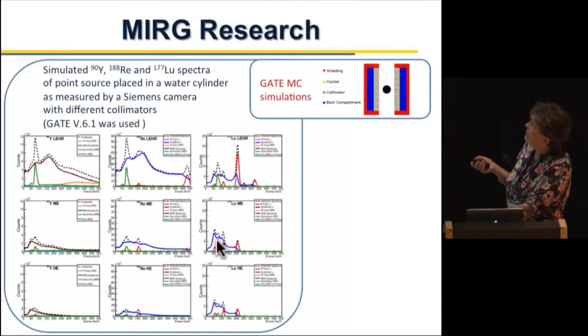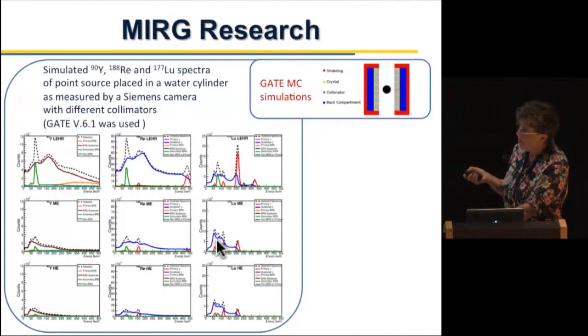Again, we have done some simulations using GATE, and this is yttrium for different collimators. You can see that the shape of the spectra changes quite dramatically. This is a peak which we want to image. It's not very strong. You almost don't see it with this collimator, but if you use a medium energy or high energy collimator, it's much stronger. Orange would be Bremsstrahlung.